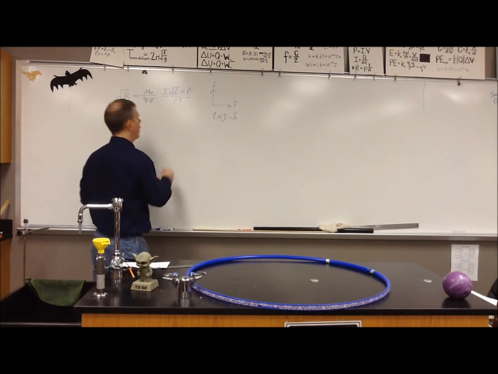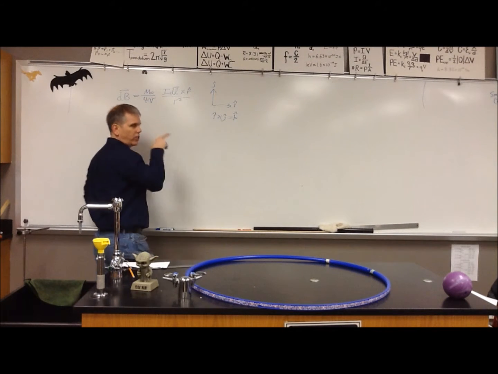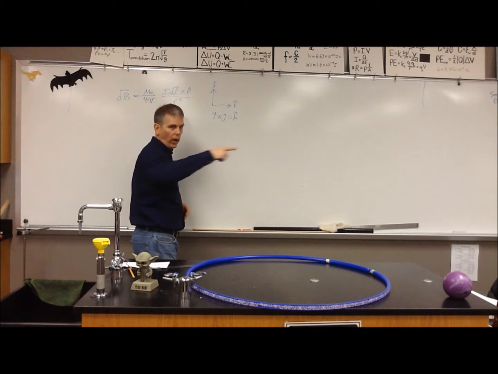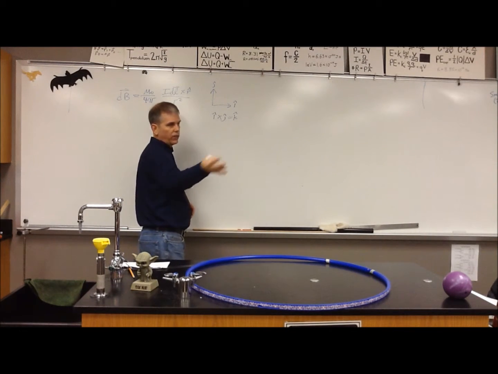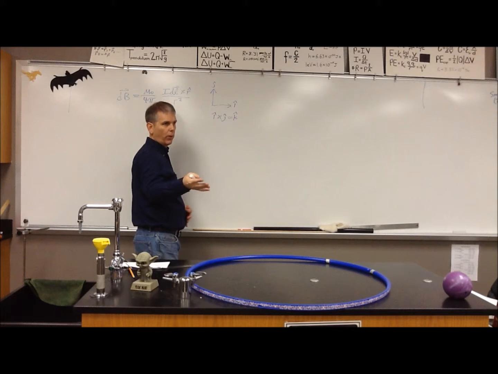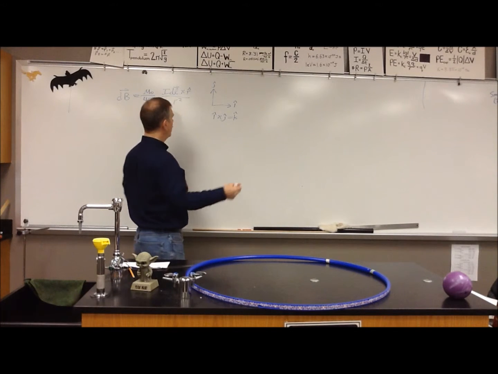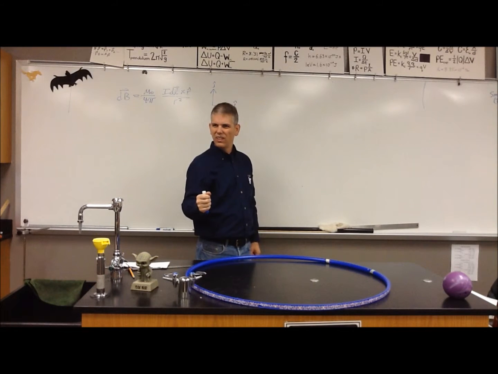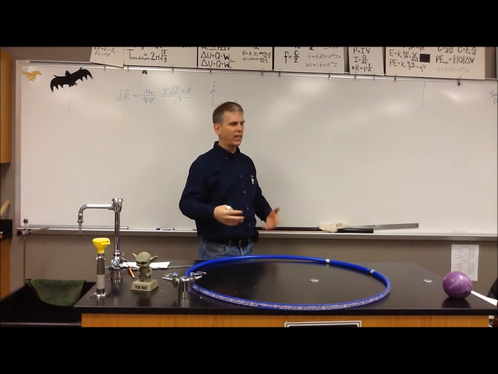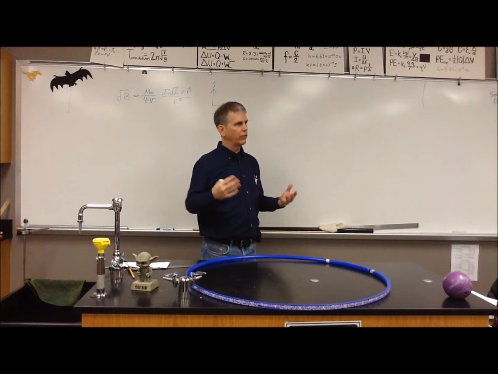Well, here's the problem. We do want to take the direction of the current, because current does flow in wires. And we want the direction of the current, and the direction towards whatever point, which is r. The problem with that is, isn't I a scalar? And if I is a scalar, we can't use it to do vector functions.